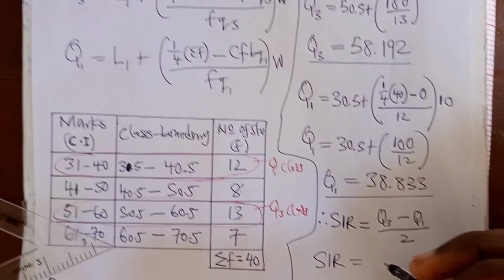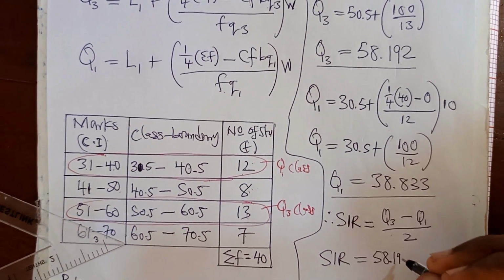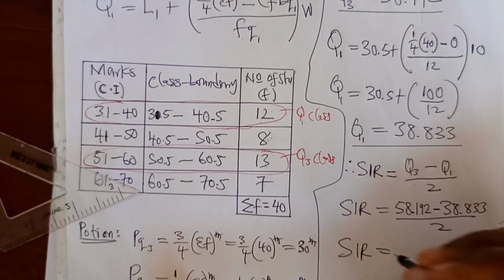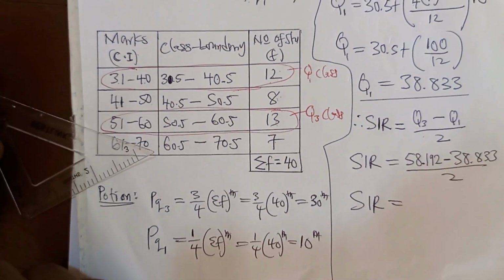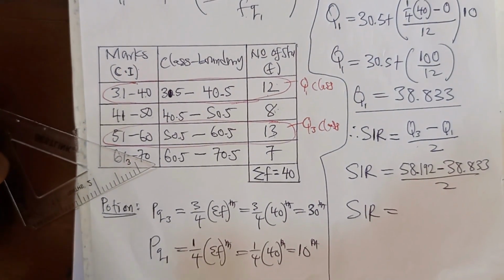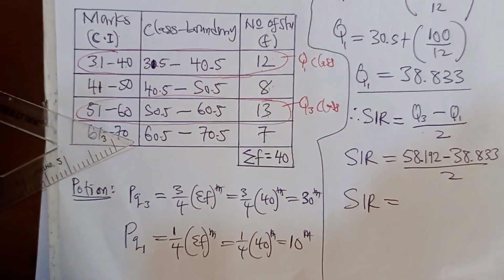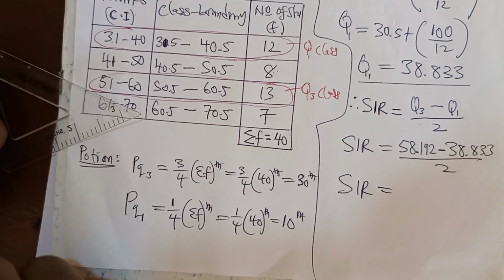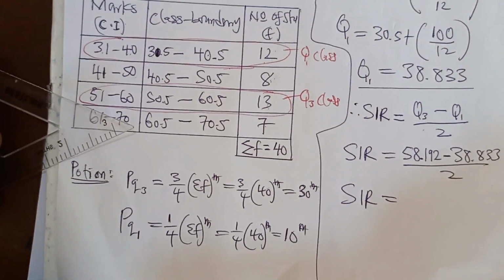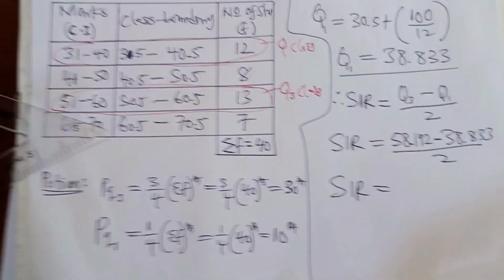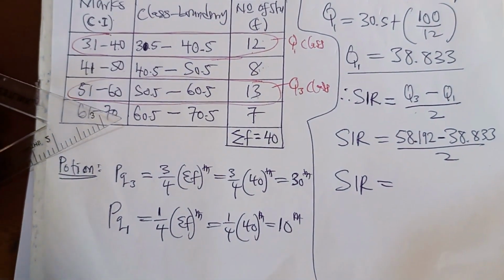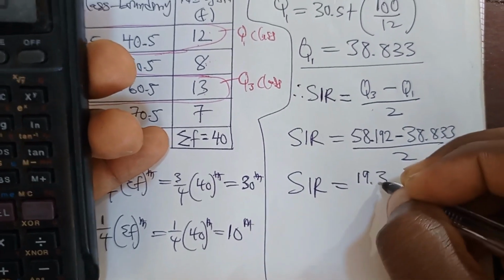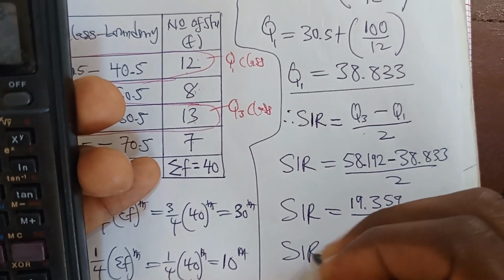So the semi-interquartile range is 58.192 minus 38.833, divided by 2. 58.192 minus 38.833 gives us 19.359, divided by 2.